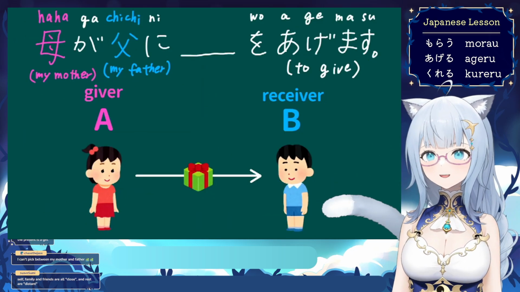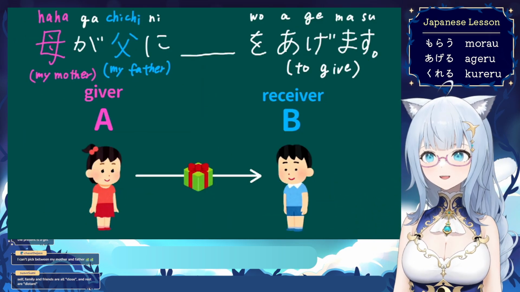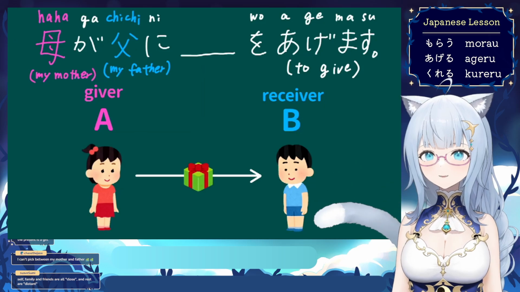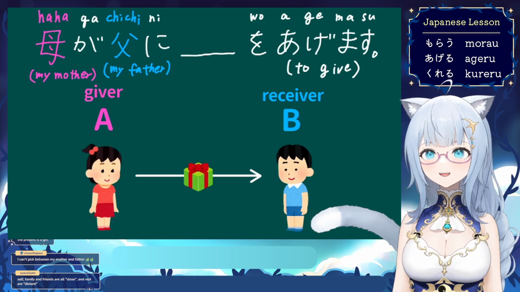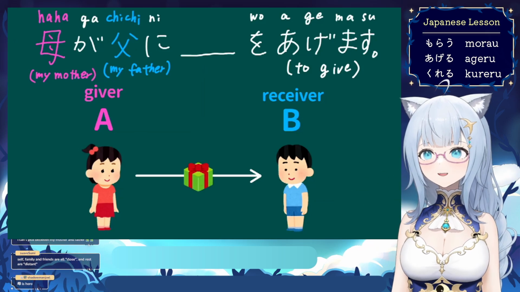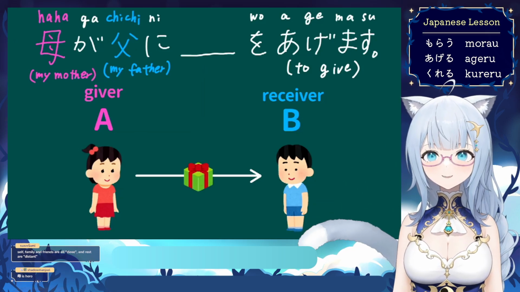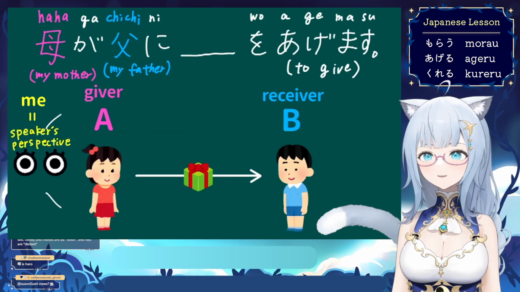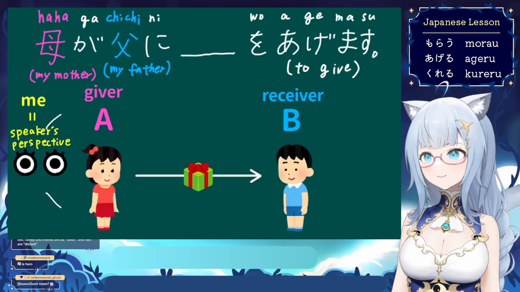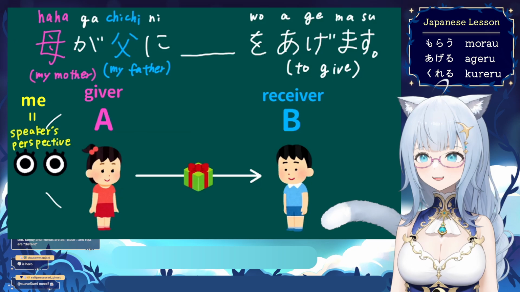母が父に何々をあげます。My mother gives something to my father. If my mother is the hero, the main character of this sentence, the perspective should be the giver side, the mother side.